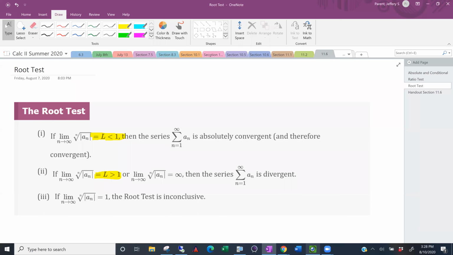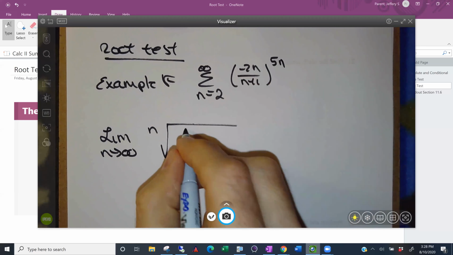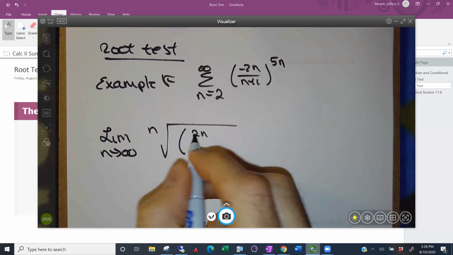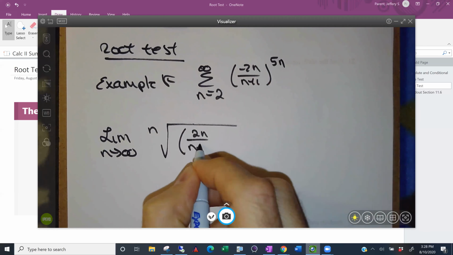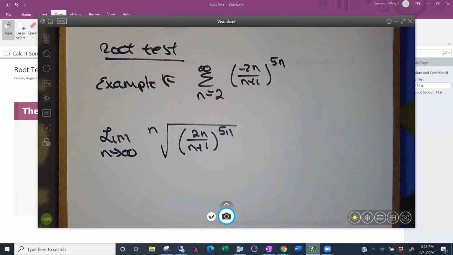Let's just take a look back here. Yeah, the absolute value. So I'm going to get rid of the negative 2 there in my term and just look at the limit, the absolute value of that. So it'd be 2n over n plus 1 to the 5n.